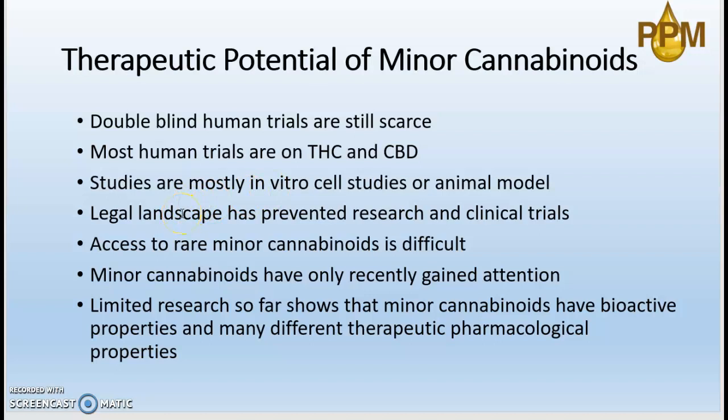The legal landscape has typically prevented researchers from obtaining and sourcing material for clinical trials. And rare cannabinoids are still very difficult to get. But what we do know is that the limited research that we have so far shows that the cannabinoids are bioactive and have many different therapeutic and pharmacology properties.